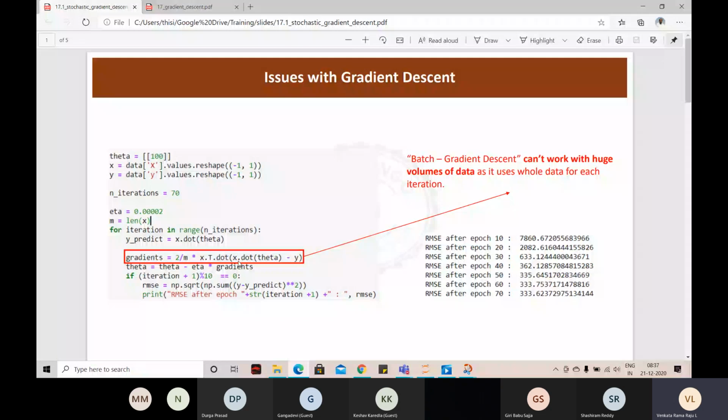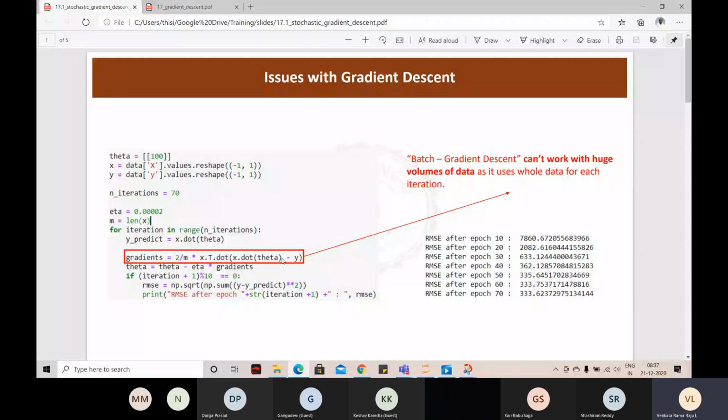Do you agree? The m number of predictions are there. You are subtracting m number of y values, so you get a vector with m number of values. To multiply those m values with your x, you are transposing your x and multiplying.